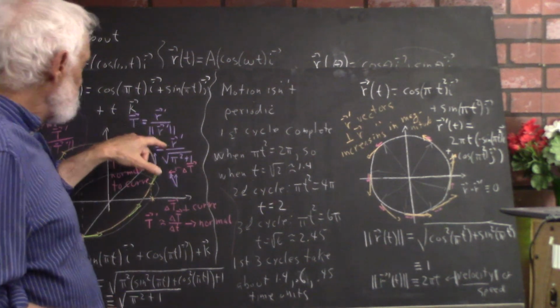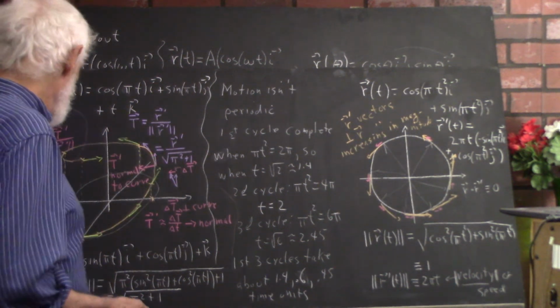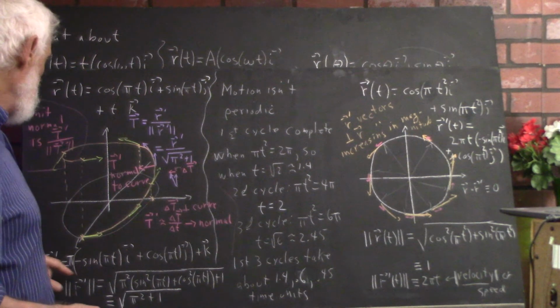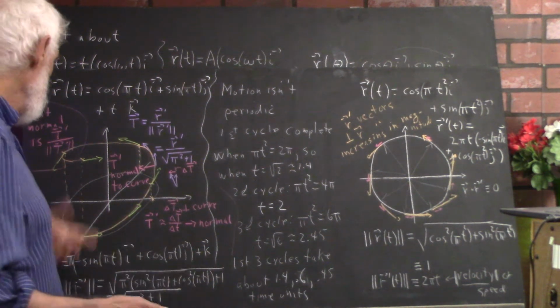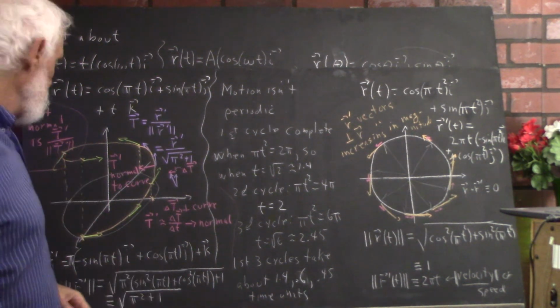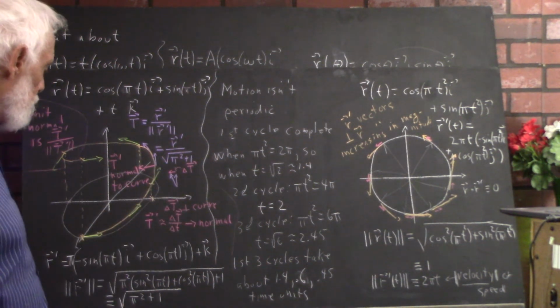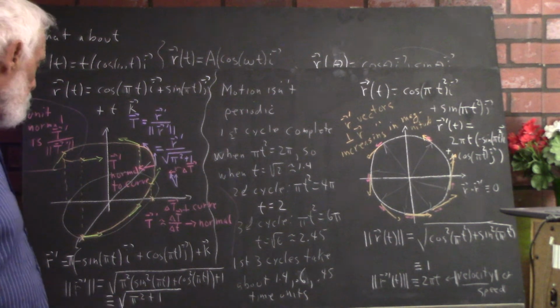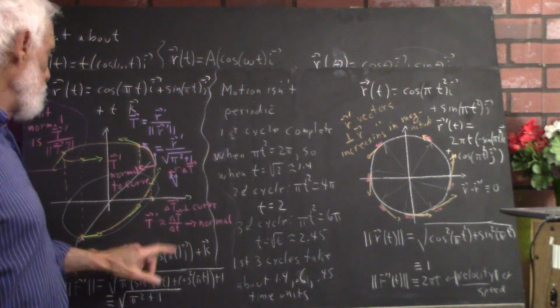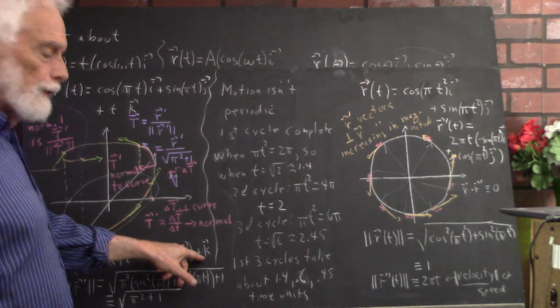Okay, then in this case, the magnitude, well, r prime is this. We take the derivative, we get pi from the chain rule, and the derivative is very straightforward. So the magnitude of r prime is what you see here. Just square of this plus the square of this plus the square of the coefficient of k, which is 1.